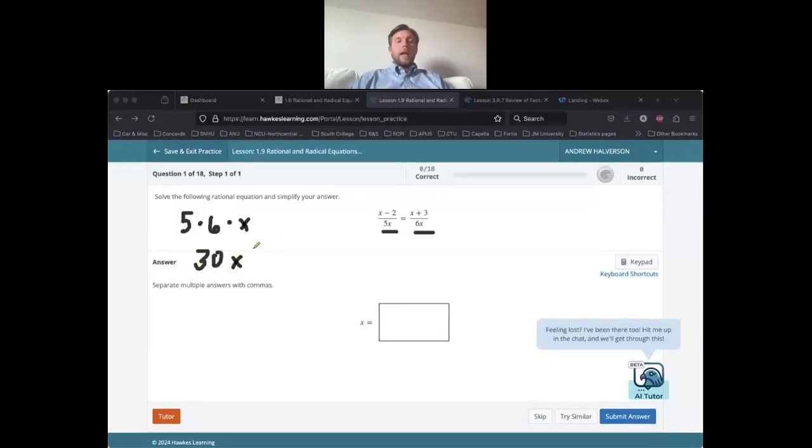30x. And you know what you can do? A little cheat sheet, if you will. If you really want to cheat sheet it, let's take this right here: 5 times 6 times x.